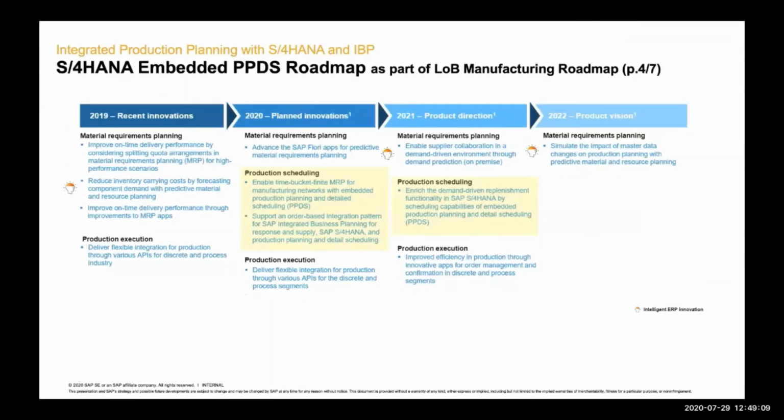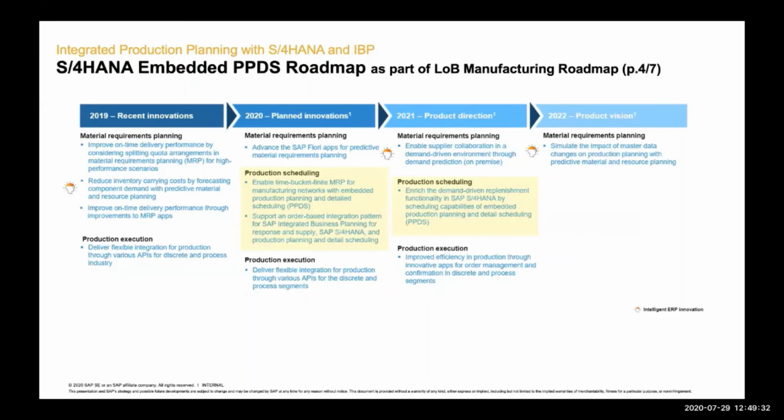Okay, real quickly, you saw a bit of embedded PPDS in S/4HANA. This is the manufacturing roadmap, and I wanted to highlight the PPDS sections. In that first highlighted section, the enable time bucket finite MRP, behind this we are delivering a production planning optimizer, also known as the PP solver.